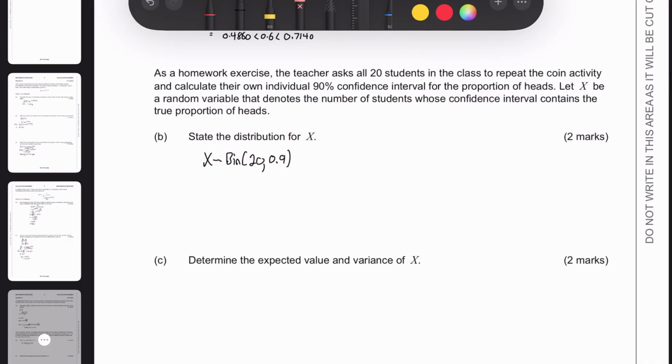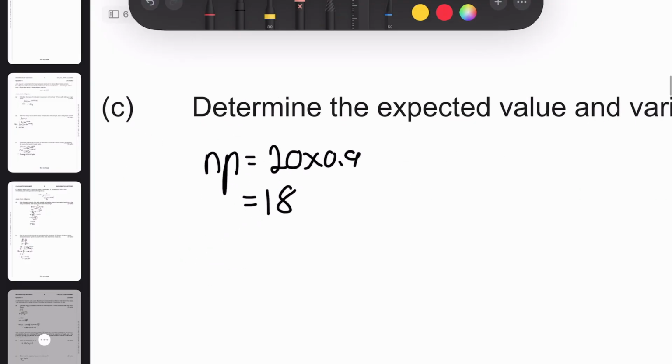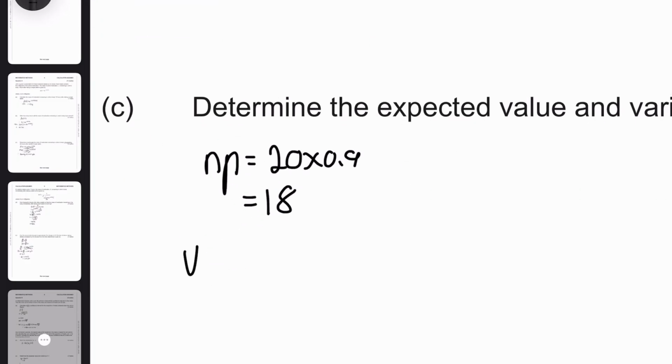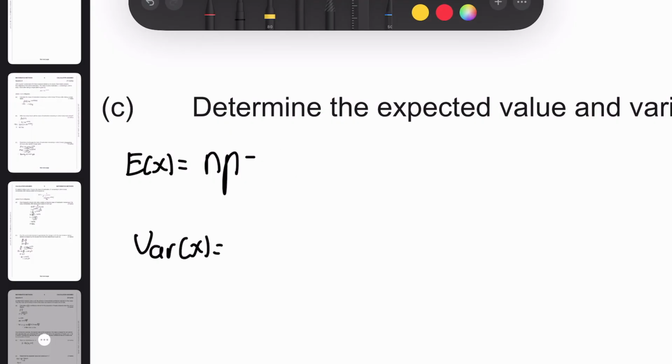Determine the expected value and variance of x. Okay, just like in our calculator 3, expected value is just going to be np, which is 20 times 0.9, so that'll be 18. Maybe I should write here E of x equal to that. Then variance of x, let's make it a bit nicer.